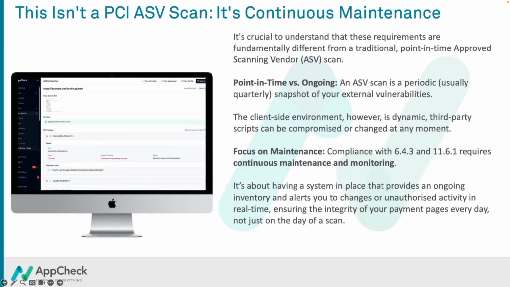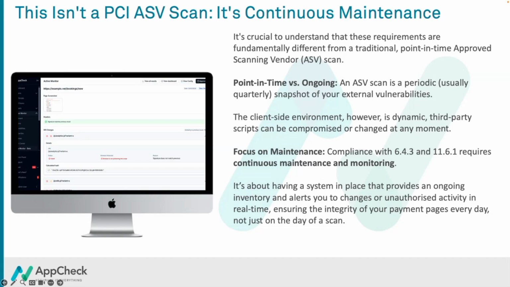I think it's important to note as well that it's not just about ASV scanning in this case. It's about continuous maintenance. It's crucial to understand these requirements are fundamentally different from a traditional point-in-time approved ASV scan. Point-in-time is periodic, usually quarterly, and it's a snapshot of your external vulnerabilities. In this environment, we're talking about dynamic change in third-party scripts.